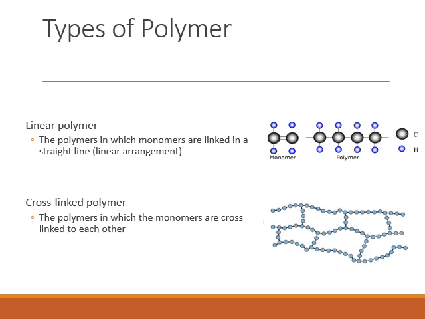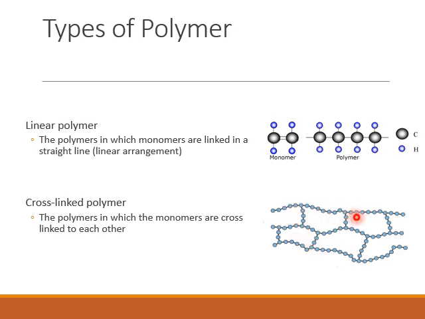The next is cross-linked polymer. The polymers in which the monomers are cross-linked to each other to form a network-like structure are known as cross-linked polymers. Here you can see these are the monomers which are connected to each other with the help of cross links.